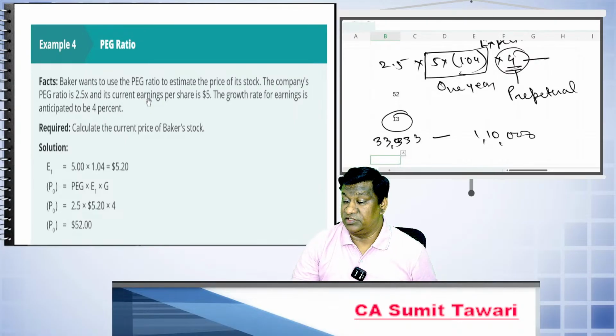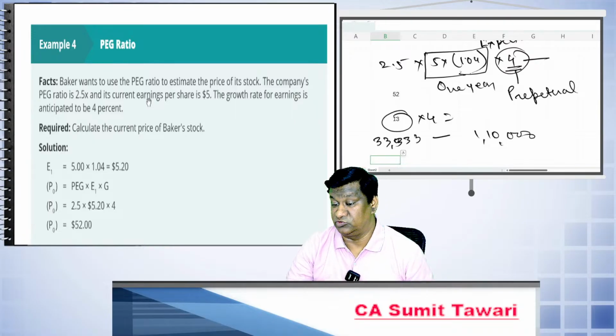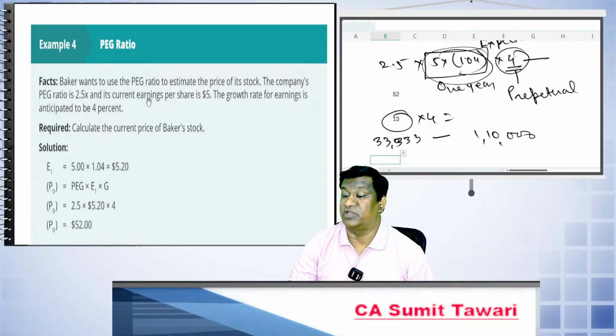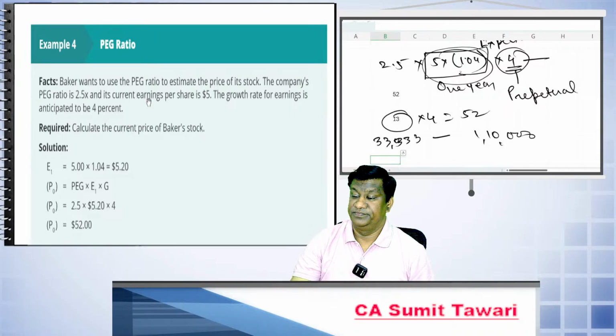So it is 13. But if I apply the growth rate, because I'm getting an additional, it is not the question that only this amount I'm getting every year. Every year my rate of return or the dividend I'm getting is higher by 4%. So that's why it is 4 times, 52.